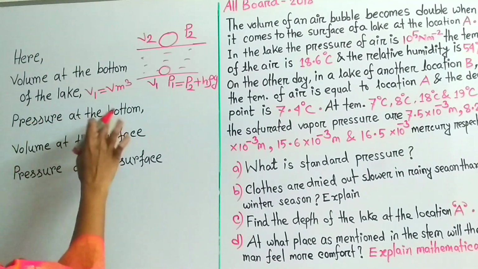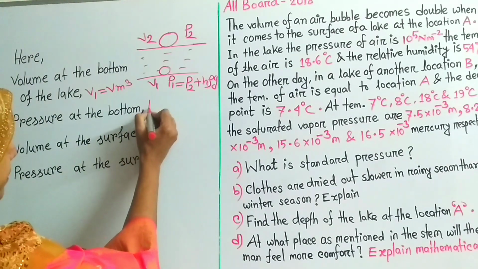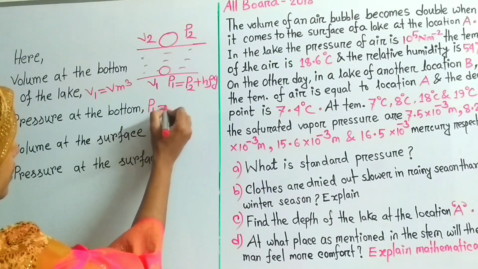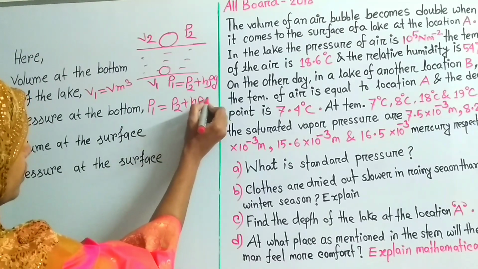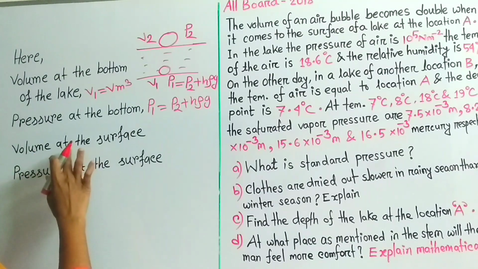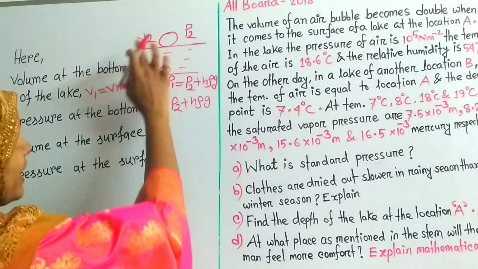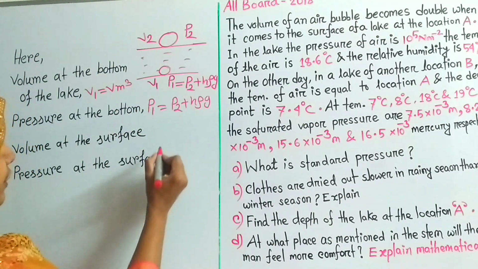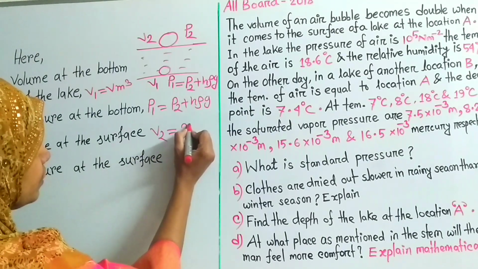Pressure at the bottom, P1, is equal to P2 plus h rho g. Now the volume at the surface, we consider it as V2, and V2 is equal to 2V.